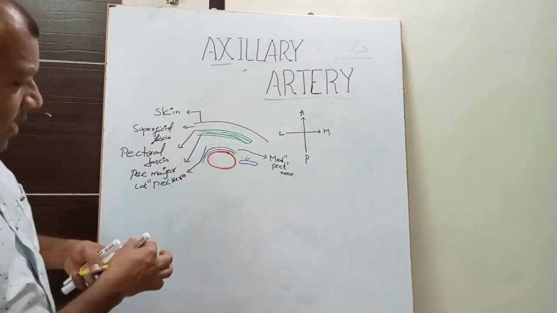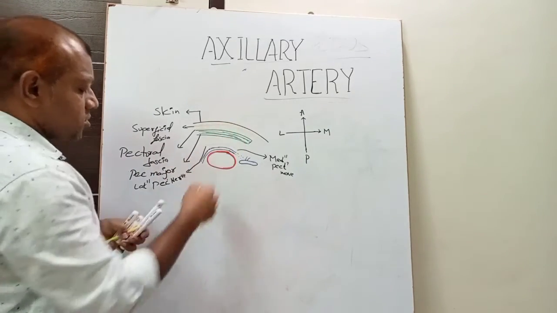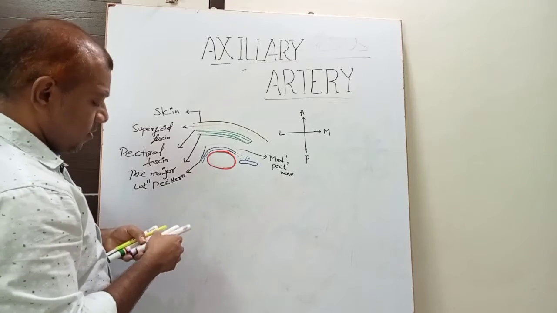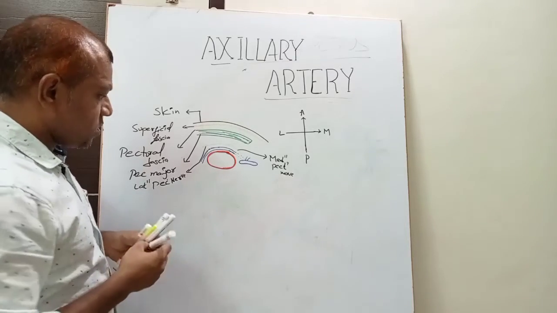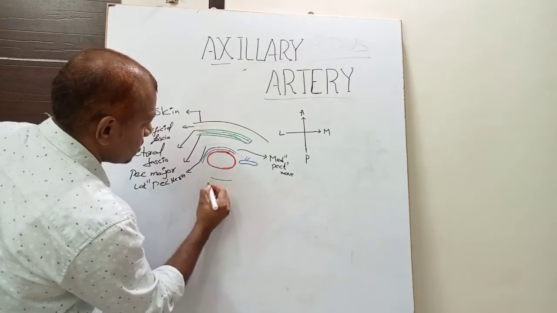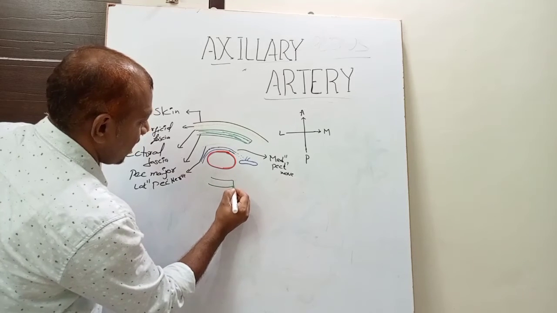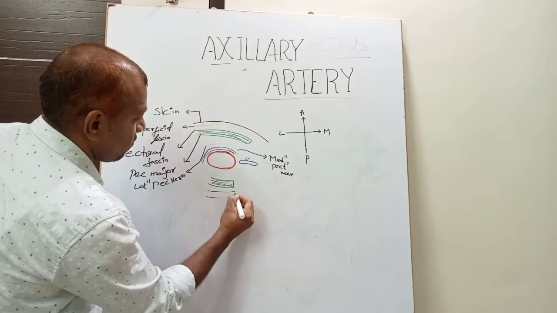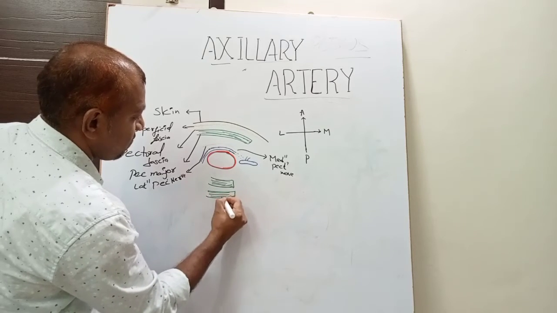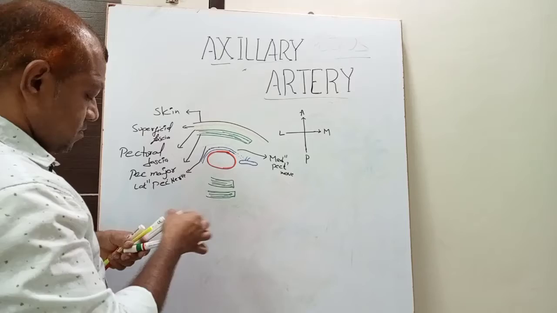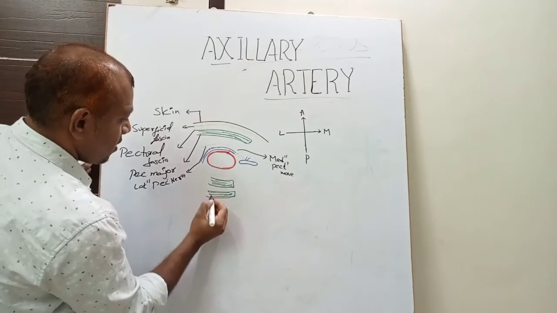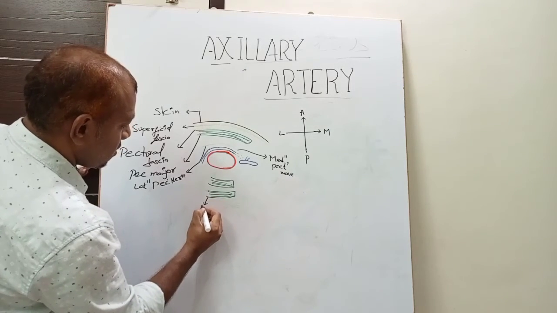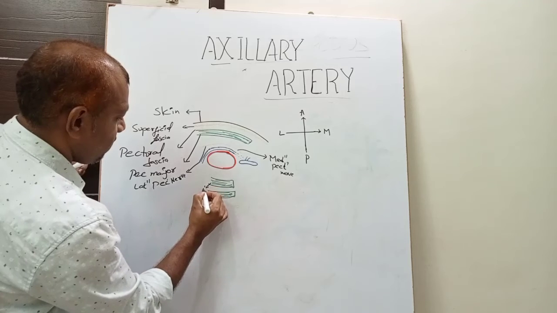Then what is present behind? So these are all the anterior relations, and what is present behind, first and foremost, are first and second digitations of serratus anterior. So here you can see that this is the first and second digitation of serratus anterior muscle fibers. So you write down the posterior relations, this is second, and this is first.